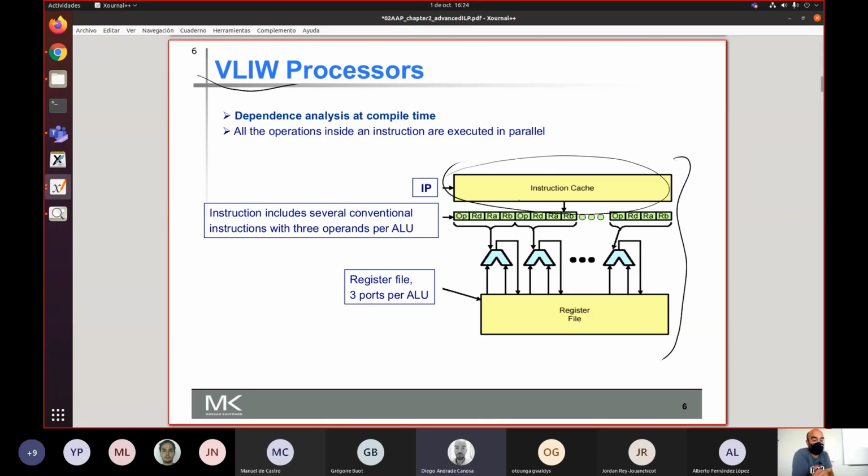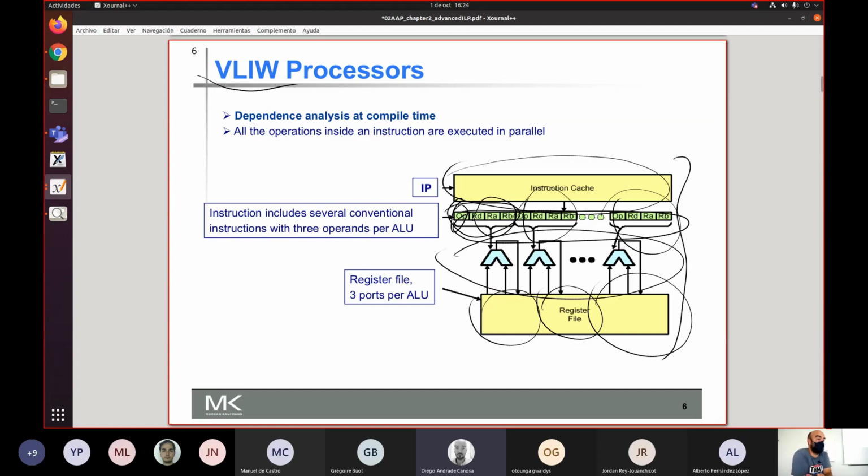In a normal or regular instruction, we always have an operation code and then several operands that are used by the instruction. But now we have several of them put together, okay? Each instruction is going to require different values or different registers from the register file, and you can see that the hardware to do so is separated, is replicated, because this has to happen concurrently, okay?